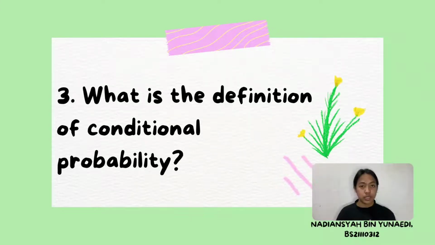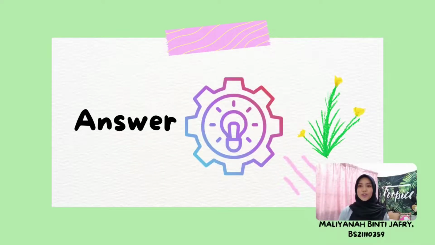Next, the third question is, what is the definition of conditional probability? Conditional probability is the probability of one event occurring with some relationship to one or more other events. For example, event A is that it is raining outside, with a 0.3, which is a 30% chance of raining today.